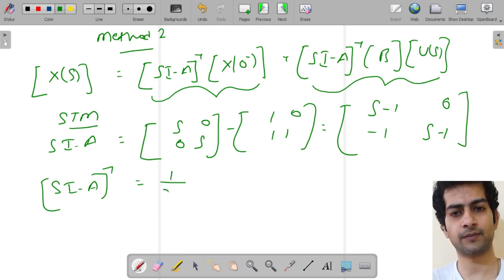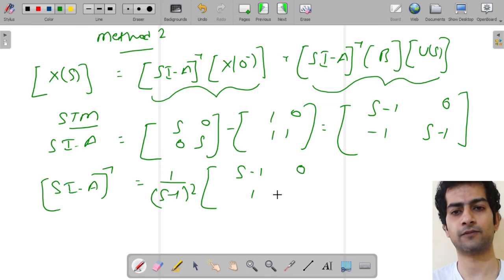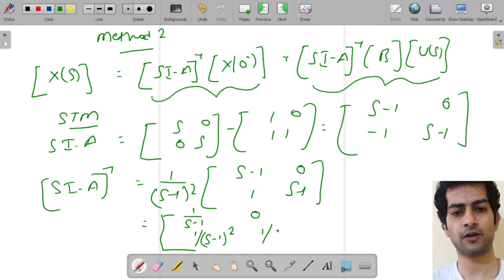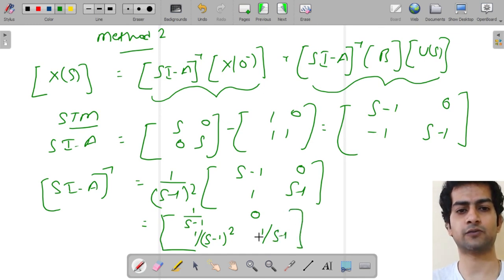We will get 1 by (s minus 1) whole square times s minus 1, 0, 1, s minus 1. Now bring it inside, we will get 1 by (s minus 1), 0, 1 by (s minus 1) whole square, 1 by (s minus 1). Okay.